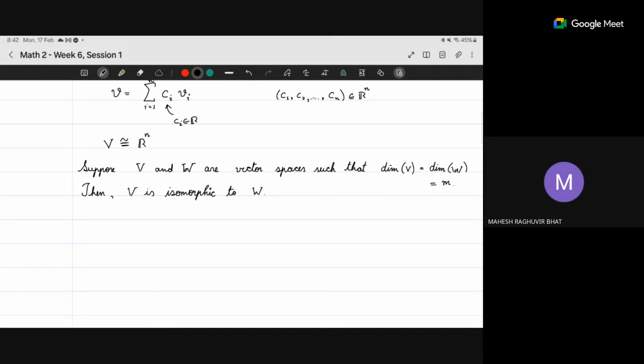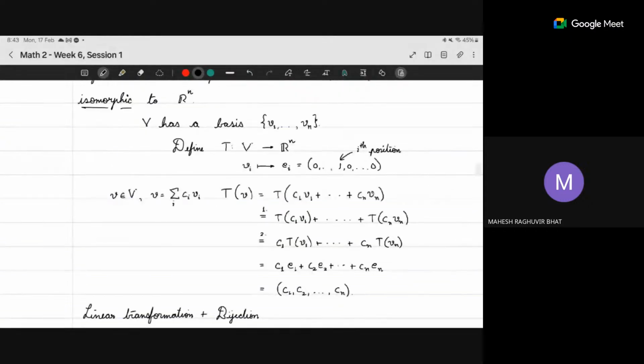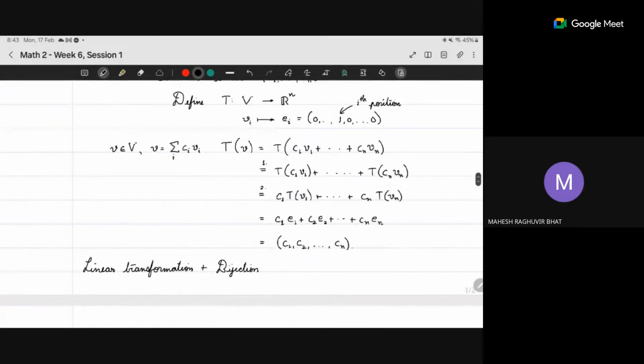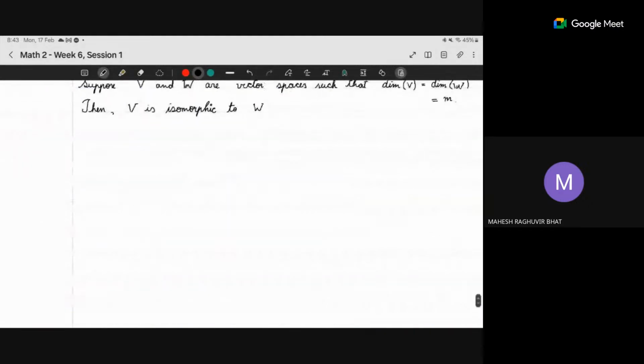That is what we used over here. We just manufactured one transformation between V and Rn, which is a linear isomorphism. Of course, this is not unique because the basis is not unique. You can start out with any basis and get different maps, all of which will be isomorphisms if done this way. But that's beside the point.